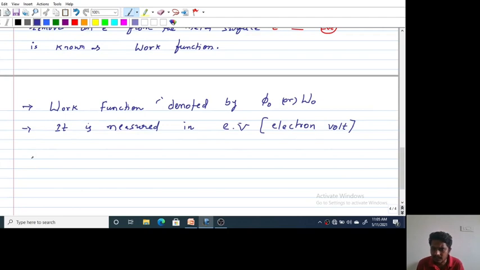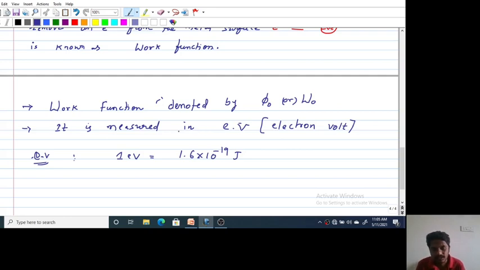So what is 1 electron volt? 1 electron volt in joules is equal to 1.6 into 10 power of minus 19 joules. 1 electron volt of electric energy is equal to 1.6 into 10 power of minus 19 joules of mechanical energy.